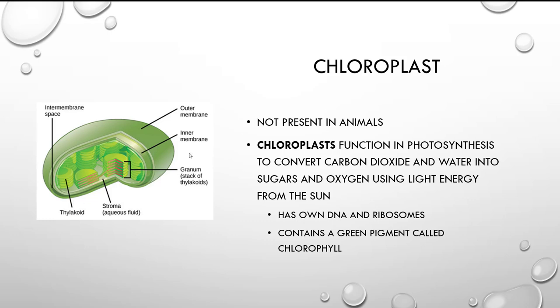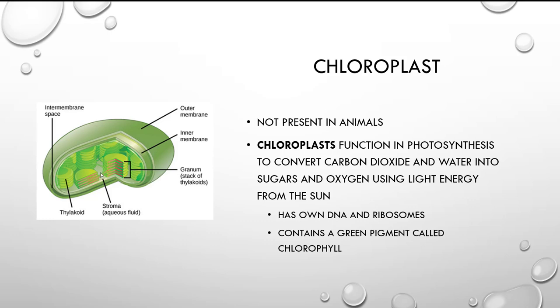So we can't make our own glucose, right? We have to eat it. So plants have chloroplasts in order to make their own glucose. And something interesting about the chloroplasts, just like the mitochondria, we think that the chloroplast was an ancient photosynthesizing bacteria, or prokaryote, at one point in time.